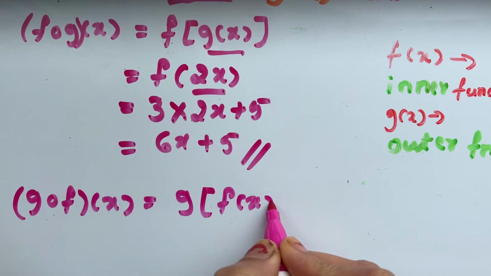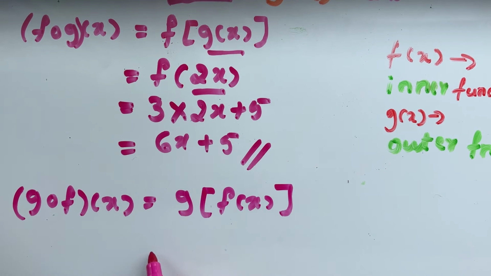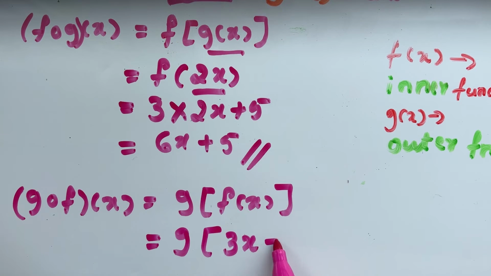Here the inner function is f of x, whose value is 3x plus 5. So g of 3x plus 5. You are sending f of x through g of x. Our g of x is nothing but 2x.